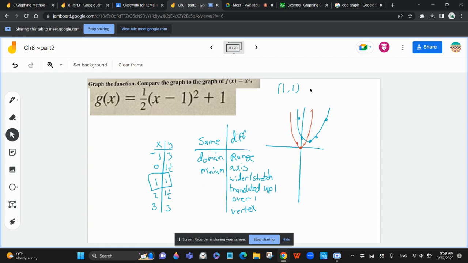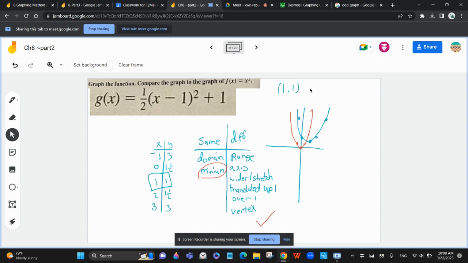Yeah, correct. So the domain is the same, but the minimum point is not the same, right? Because one x squared has a minimum of 0 and g of x has a minimum of 1.